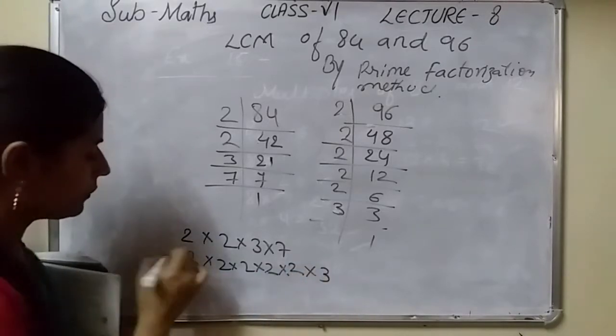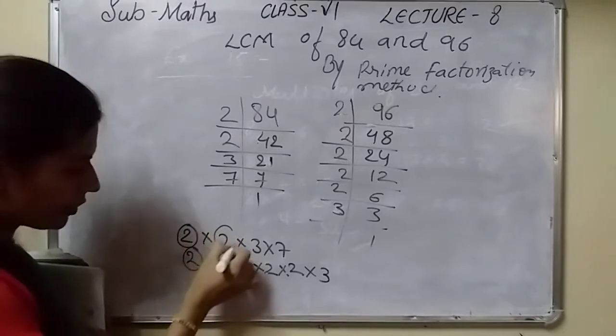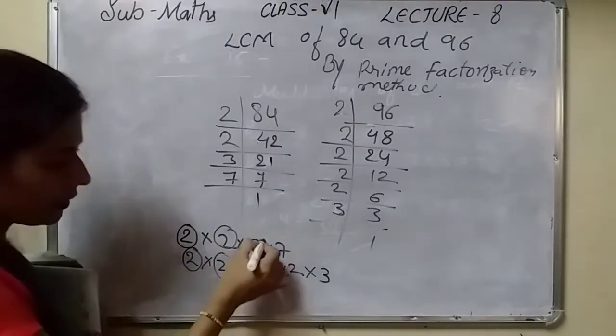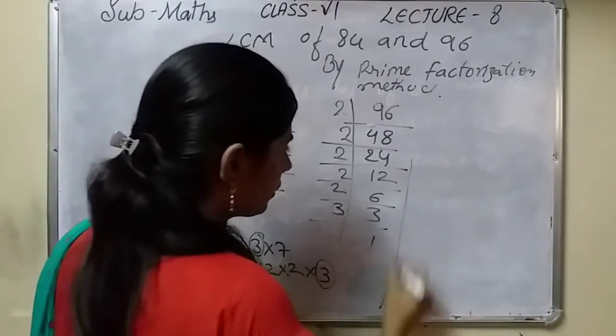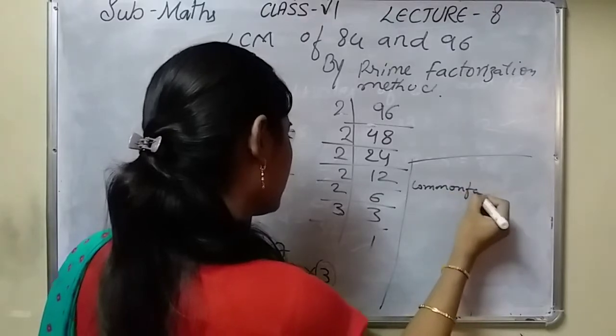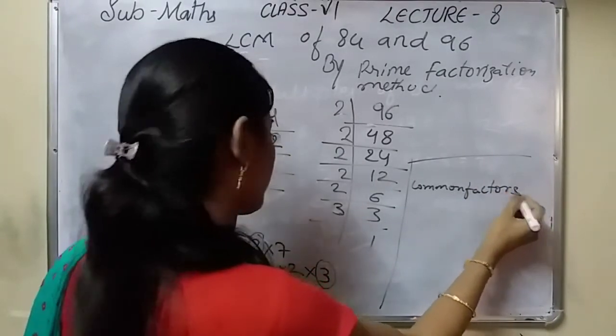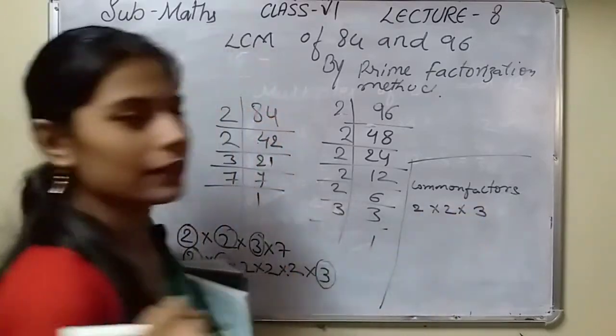Now find the common factors here. Which are the common factors? 2, again 2, then 3. 2 into 2 into 3. These are the common factors.